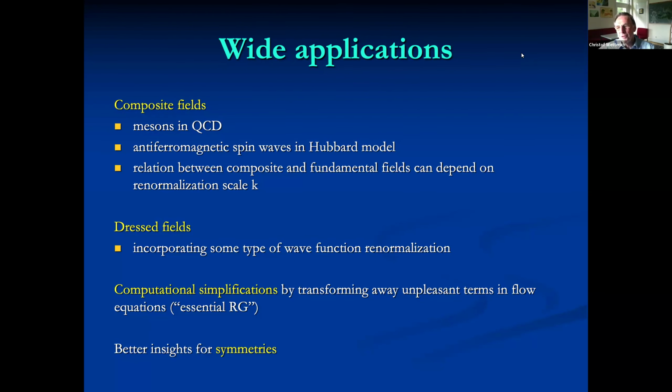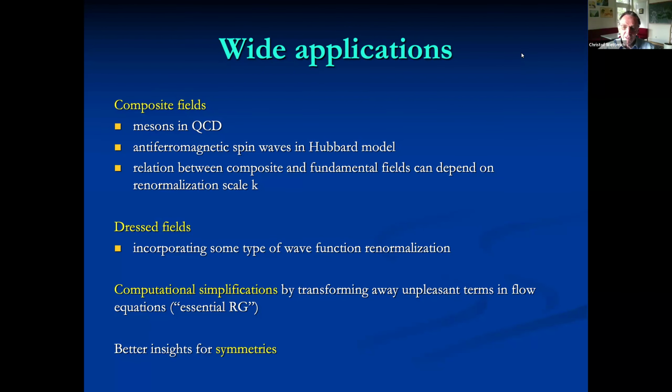You can, of course, obtain computational simplifications by transforming away some couplings that get you into trouble because they are too complicated for following them explicitly. That seems very promising.